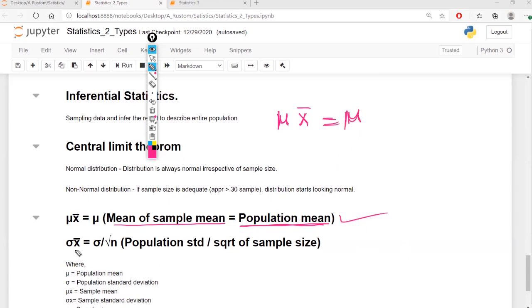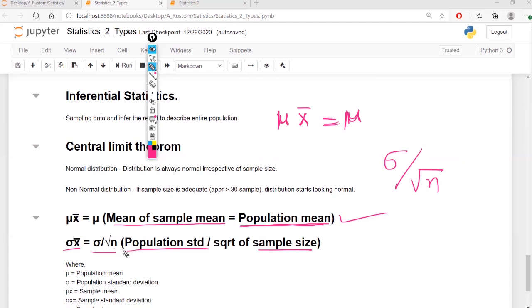All right. And what is this? Here sigma is the standard deviation and x bar is the sample mean. If I ask what the standard deviation of a sample mean is, I can write this formula: sigma divided by square root of n. Sigma is the population standard deviation and n is the sample size.